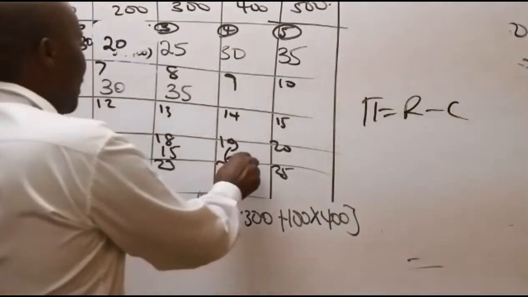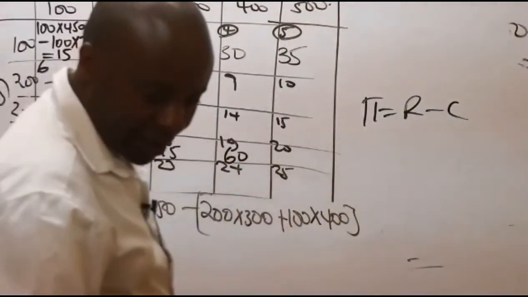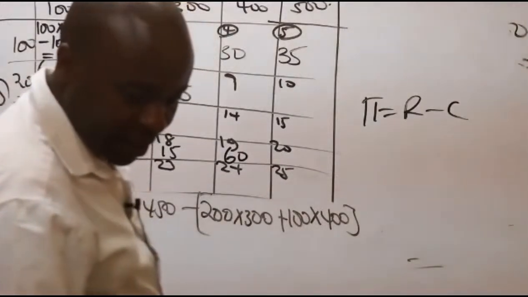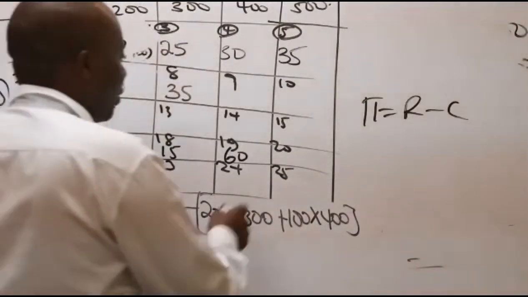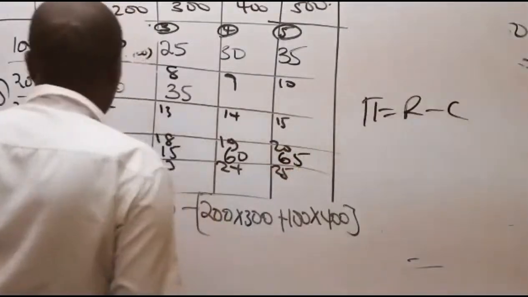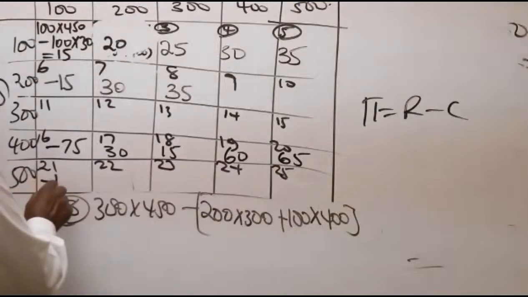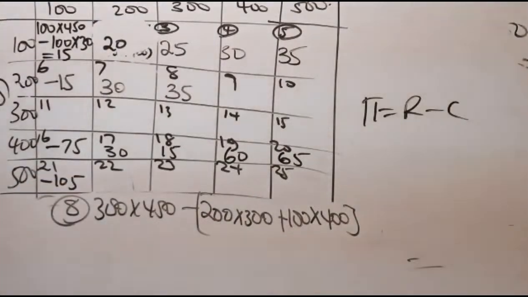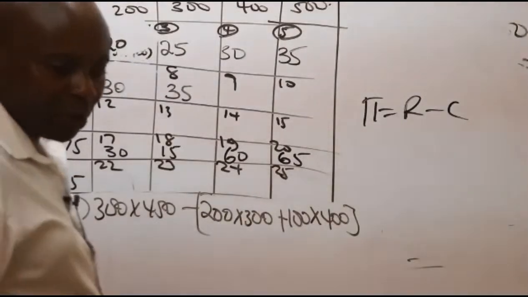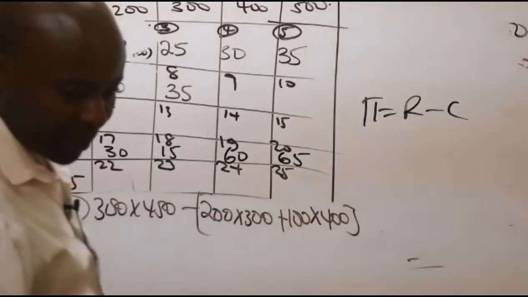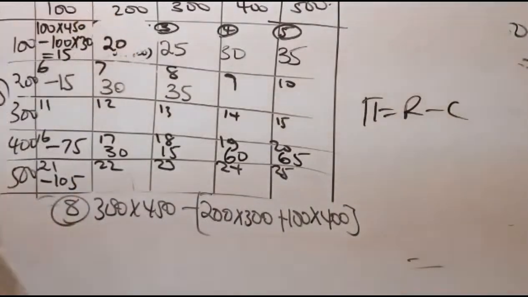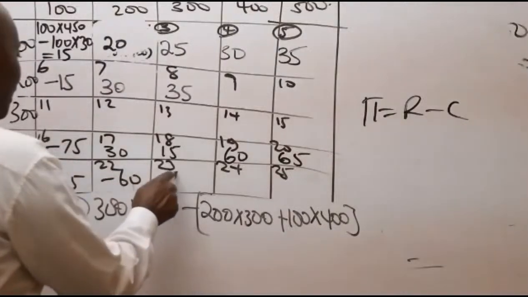Cell number 20 is 65, that is Lokai now. Cell number 21, negative 105. Cell number 22, negative 60, negative 15.